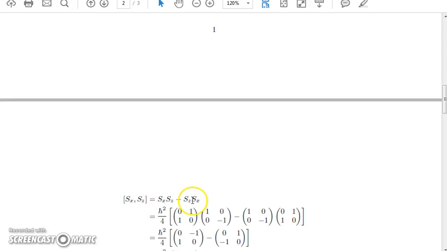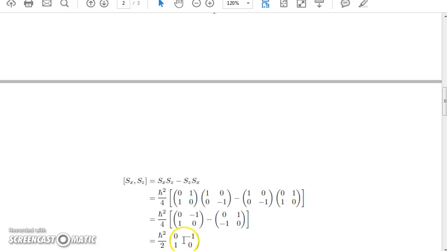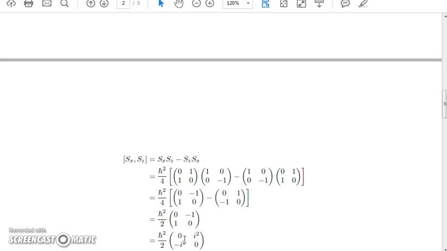So again, just write out what it means to take the commutator, crunch through the algebra a little bit, and then we get to this step right here, and we're feeling kind of worried because we know from the pattern, at least that we have before, that we're going to want to get out the S_y operator times i and h bar, and at first glance it doesn't look like there's going to be any way to get an i or the S_y operator, which also has i's in it, until you realize that we can rewrite -1 and 1 in terms of i. So -1 is just i squared and 1 is -i squared.